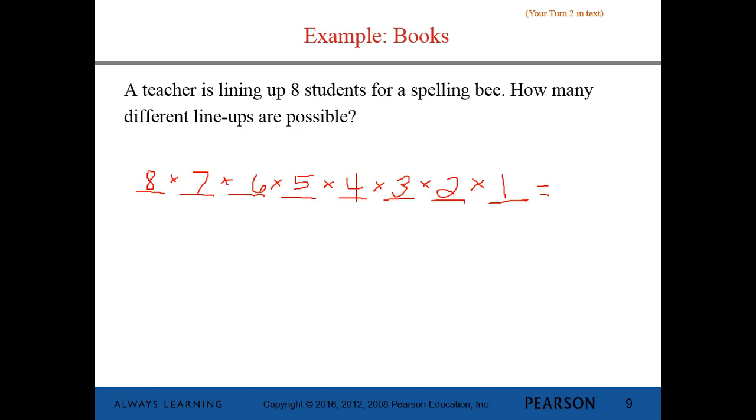Let me just double check this. No, it's 40,320. So that's the answer: 40,320 different ways of lining people up for a spelling bee.